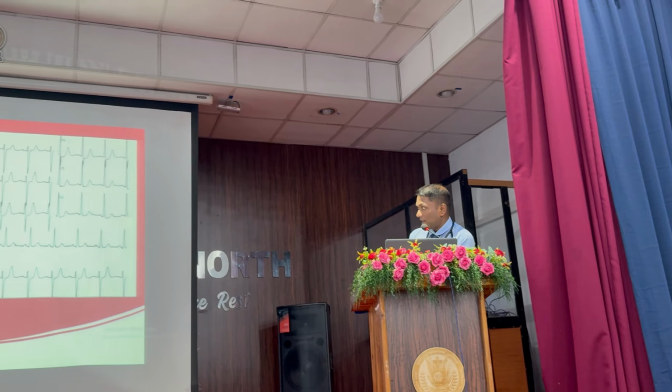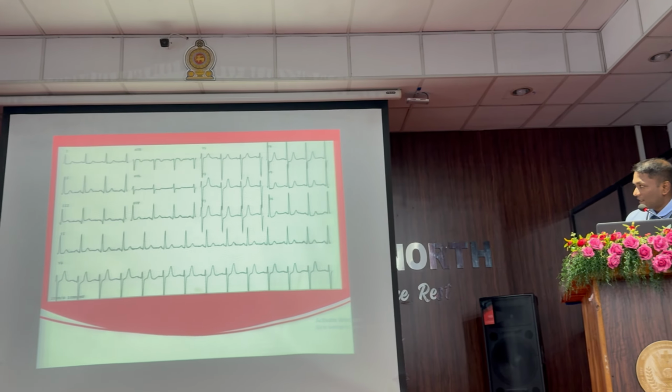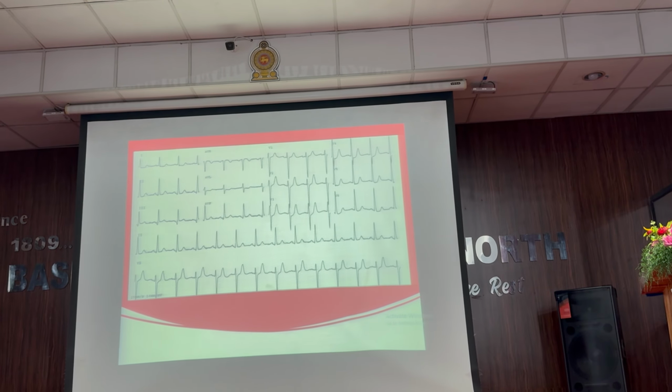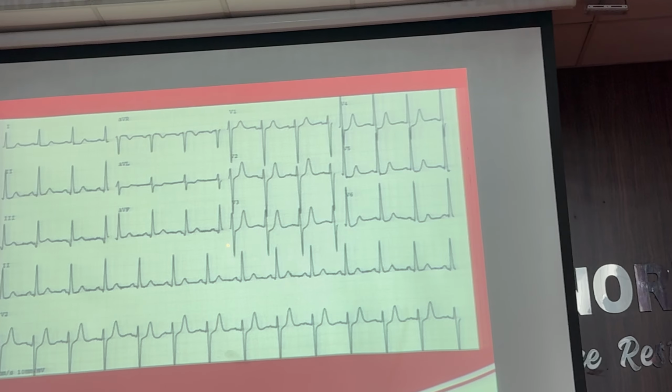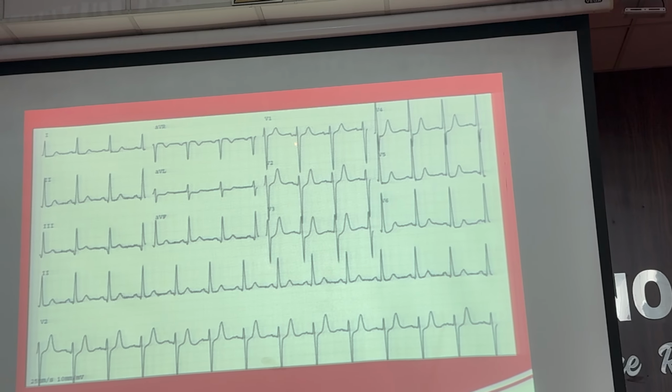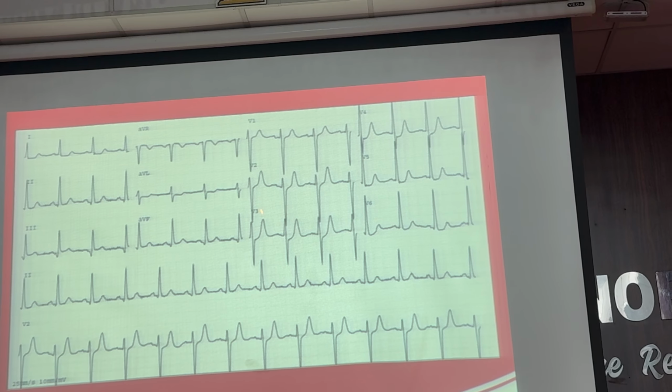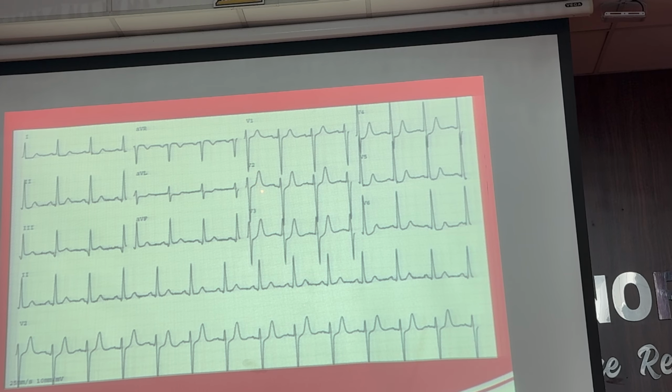Right. So this is a very important ECG, and it's very easy to miss this, right? If you closely observe, there's upsloping ST elevation in the anterior leads, mainly V2, V3, and there are tall T waves. So this is a De Winter's ECG, and this is a STEMI equivalent.